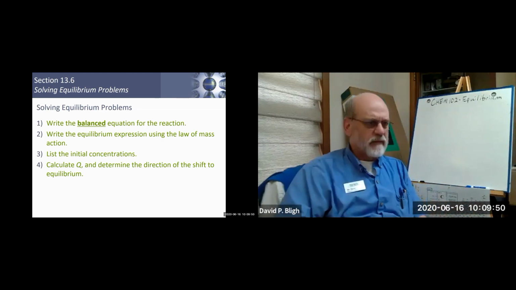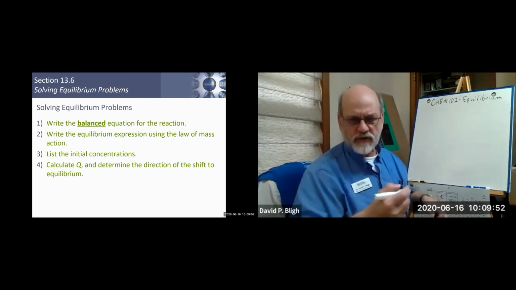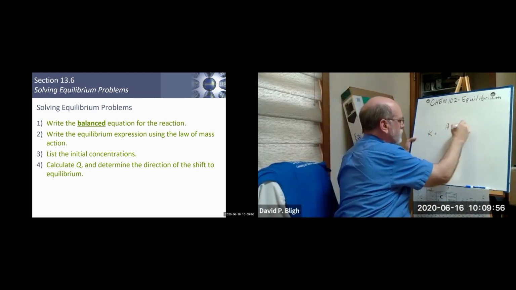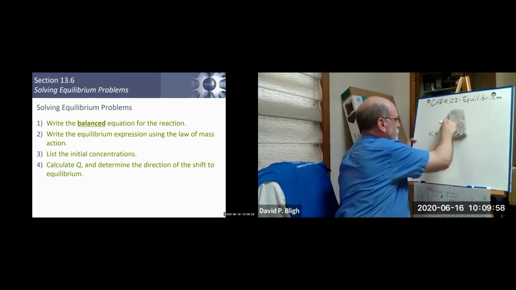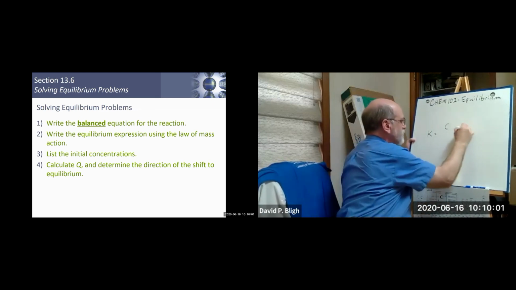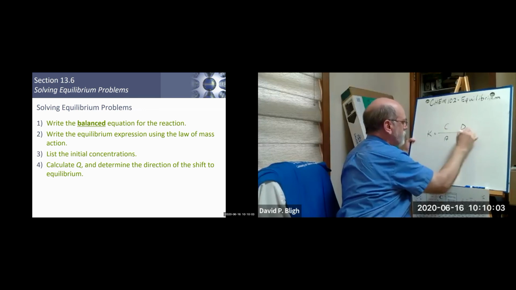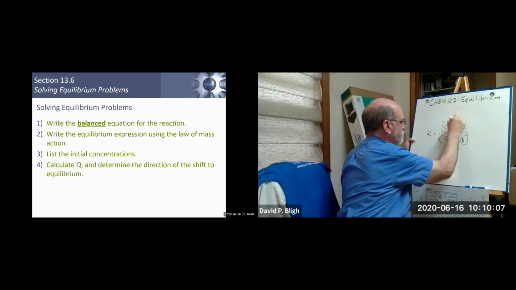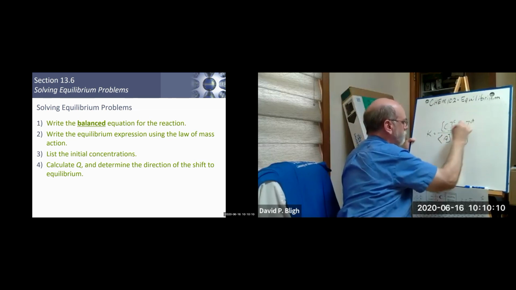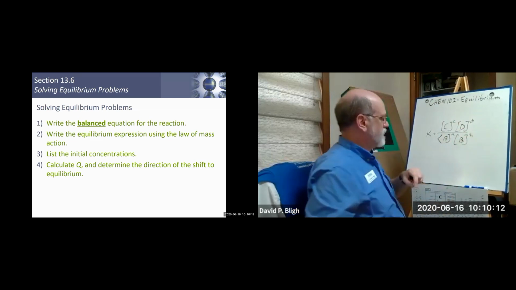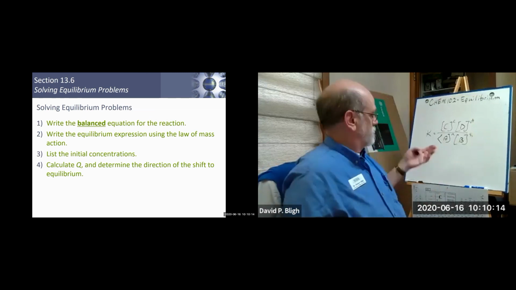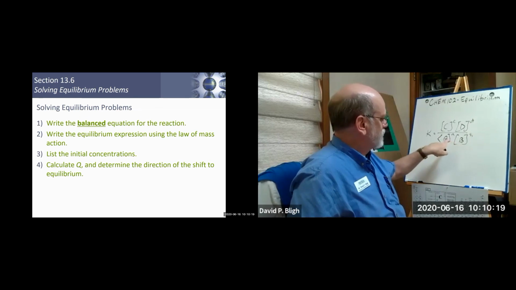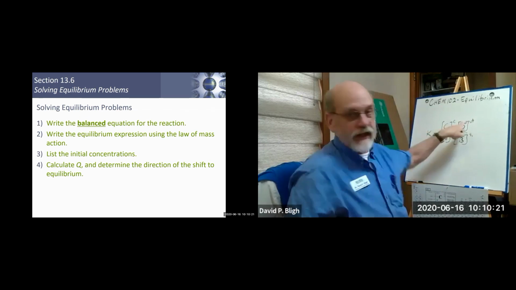Oh, by the way, what if some of your values are 0, right? Say you have your expression here, C, D, A, B. What if you're given A and B and C and no D?